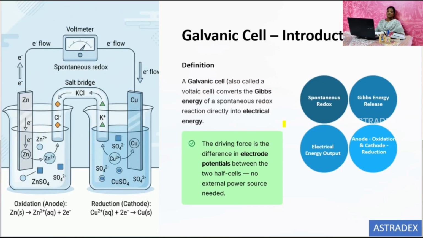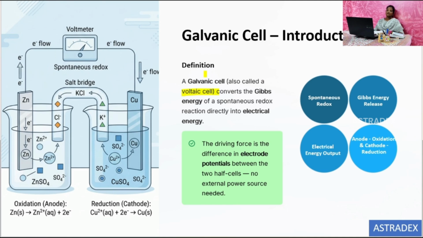Right. Let me move to the second topic, the galvanic cell, otherwise called a voltaic cell. Many of you will recall that the voltaic cell was discovered by a great scientist, Alessandro Volta.